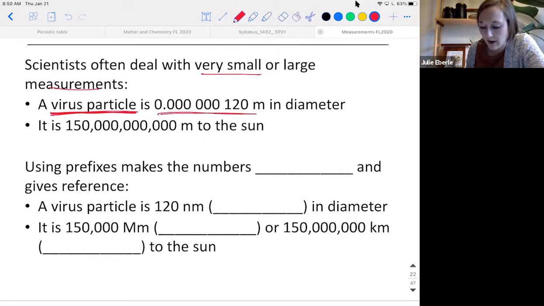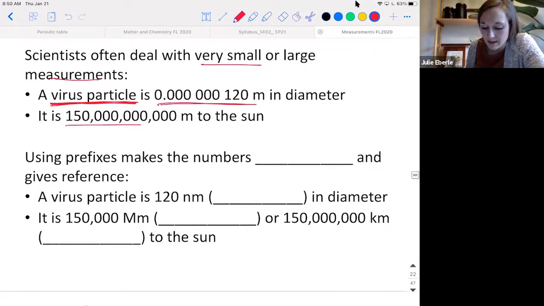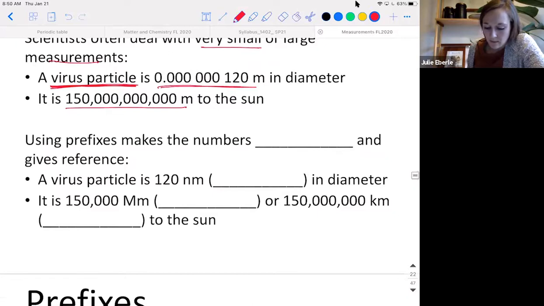But that's how big a virus particle is. Or we could say it's this many meters to the sun. I think that's like 150 billion or trillion even. So because we have so many digits and decimal places, we can use prefixes to make the numbers more easy to read and to communicate. Okay, it makes numbers manageable.